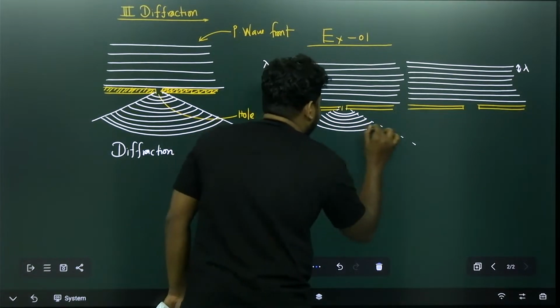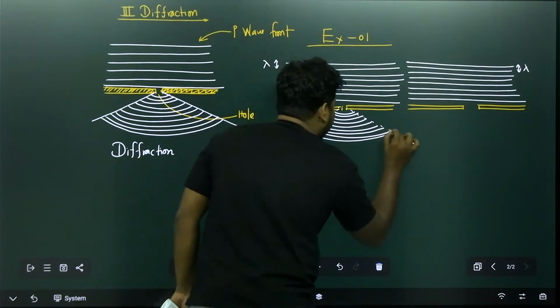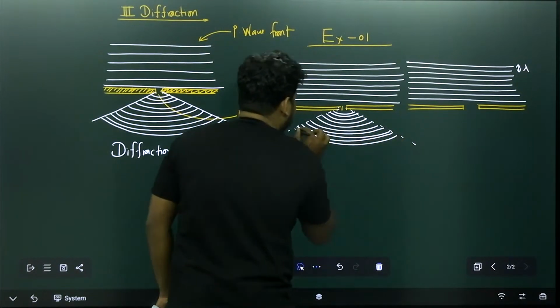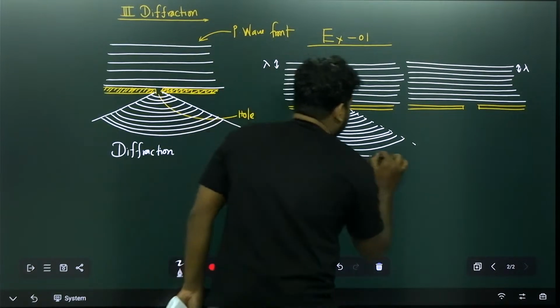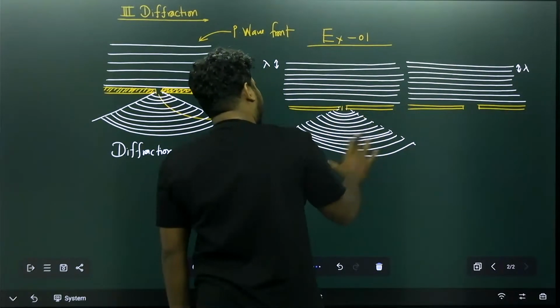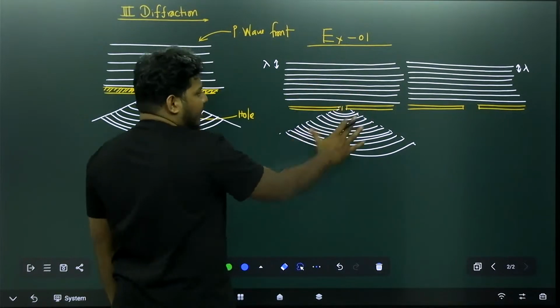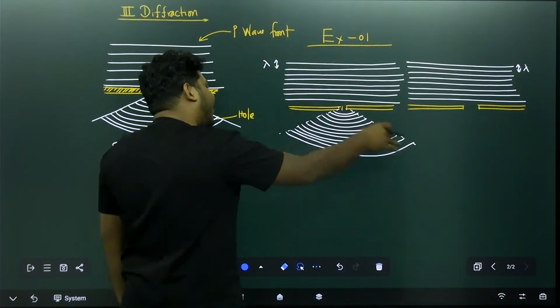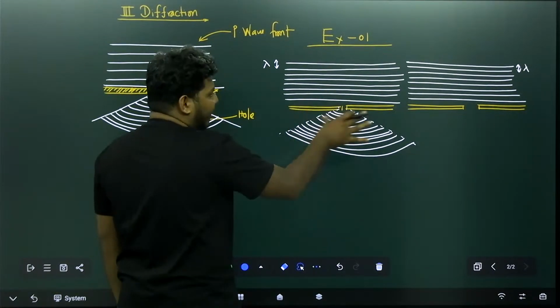The wave will spread like this in a very big area, guys. But the diffraction is higher here. It is the big value, like the diffraction is happening here very clearly. We can say the area is very big here.